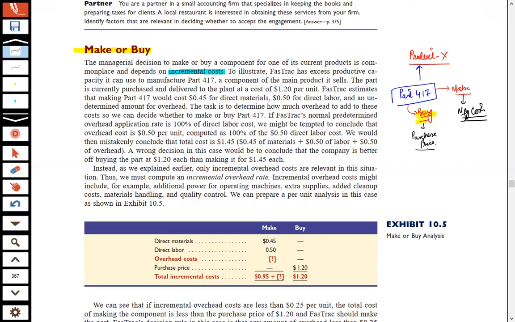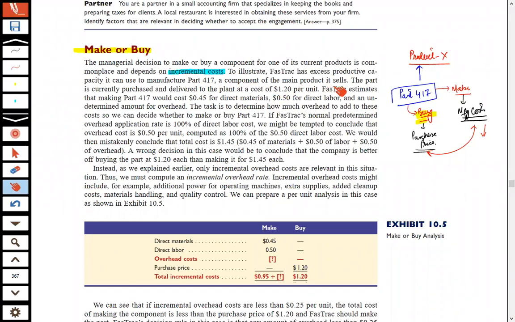Are you getting this point? Yes. So we have to compare the manufacturing cost with the purchase price. And obviously, if we have to make it, then the manufacturing cost should be lower than the purchase price. Then it will be worthwhile to set up making it in the organization, in-house. Okay, let's continue.